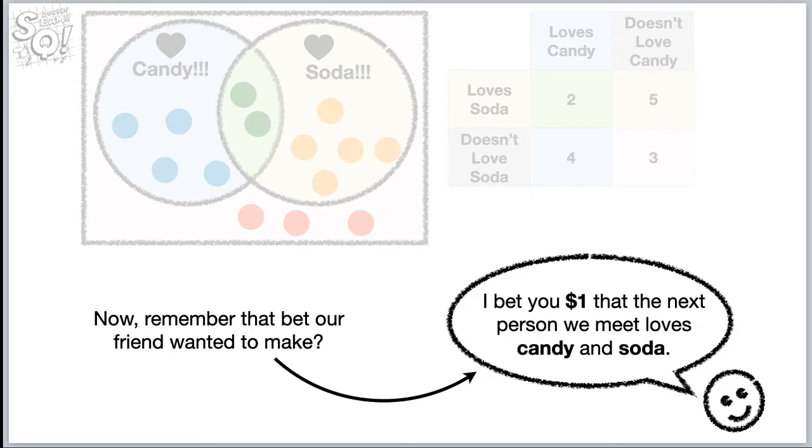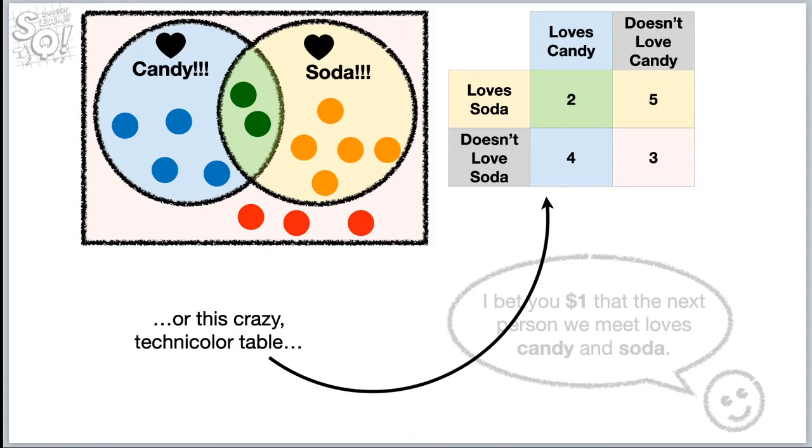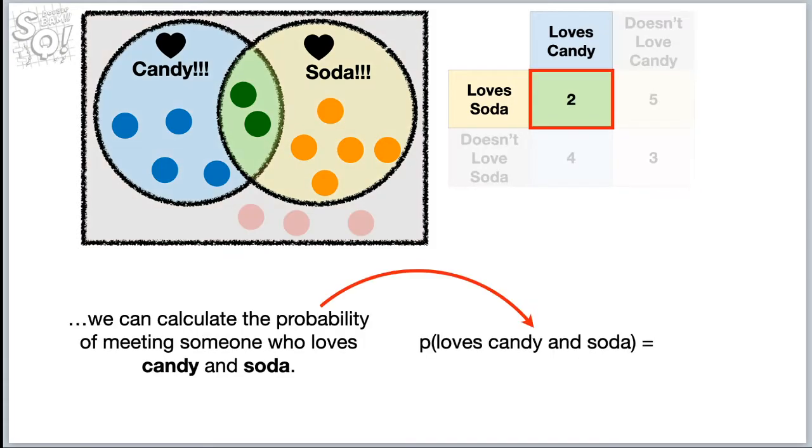Okay, now remember that bet that our friend, that we're still trying to name, wanted to make. They said, I bet you $1 the next person we meet loves candy and soda. So using the data from this fancy multicolored diagram or this crazy Technicolor table, we can calculate the probability of meeting someone who loves candy and soda.